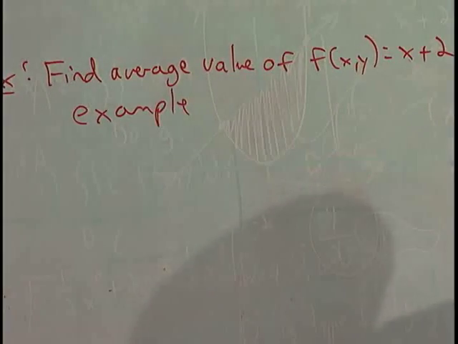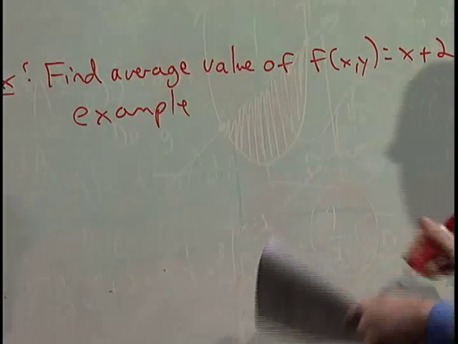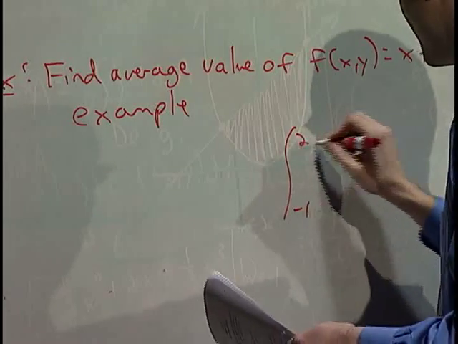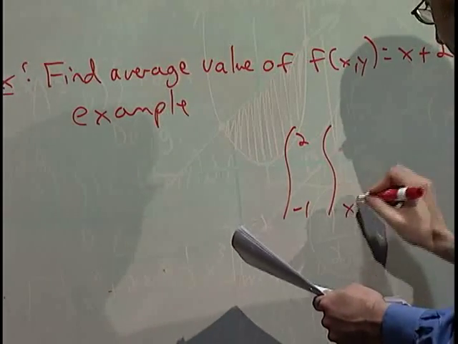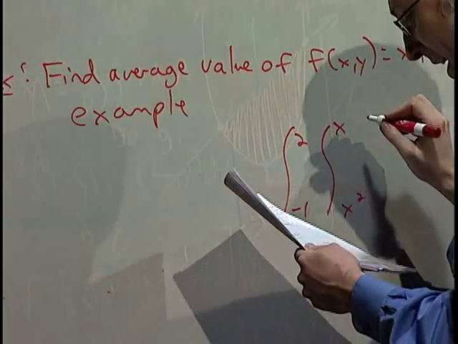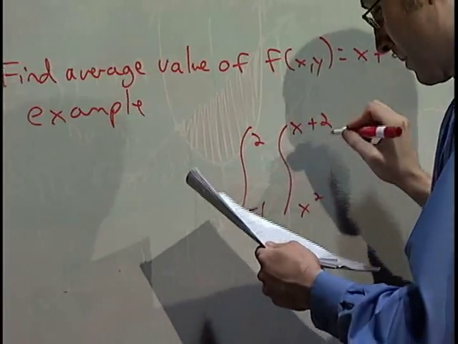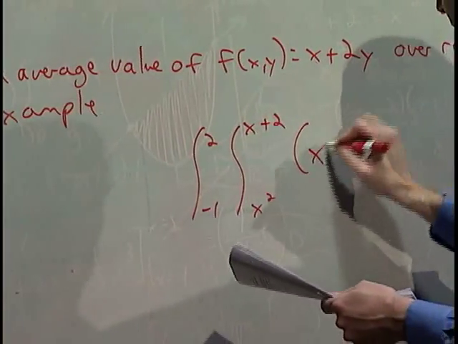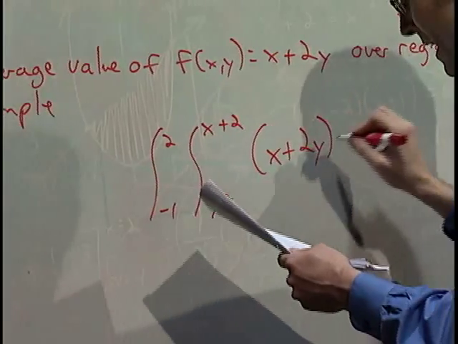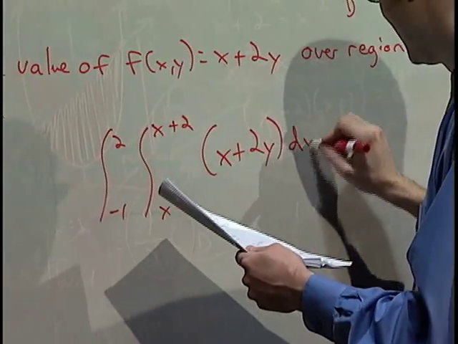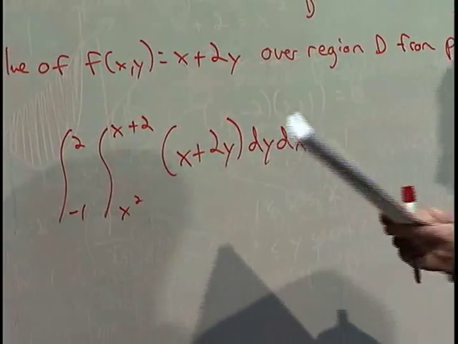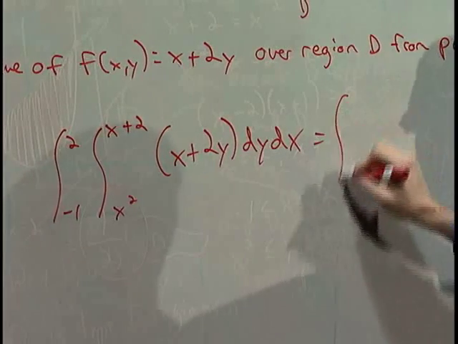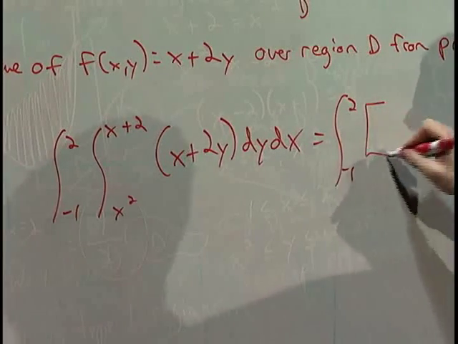Right, so we use that region we just used. All right. So again, we'll integrate with respect to y first and then x. All right, and this time our function is going to be x plus 2y dy dx. All right, so integral there to there.